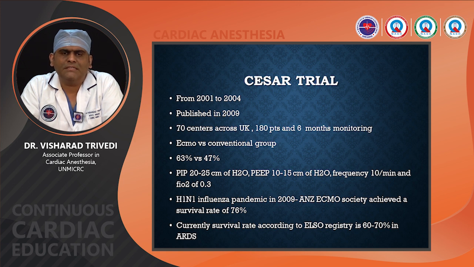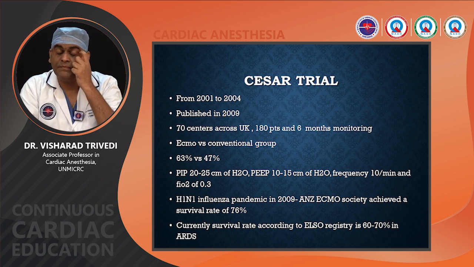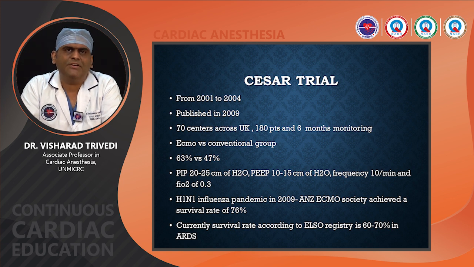Previously, in the trials we have seen till now, the Hill trial, the Gattinoni trial and all the others used ECMO, but they hadn't used lung protective strategies on the ventilators. They used to ventilate the lungs with very high pressures, very high plateau pressures and a very high respiratory rate, which also causes injury to the lungs.